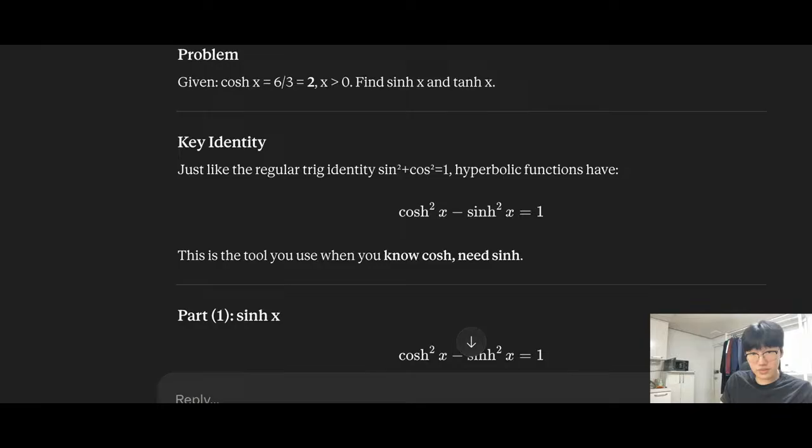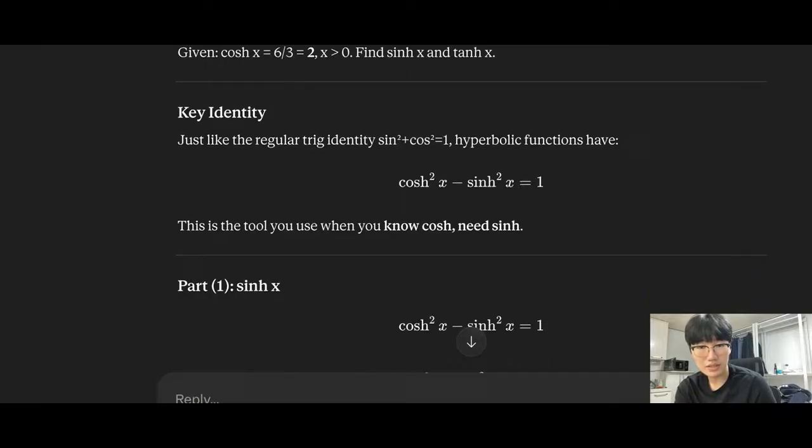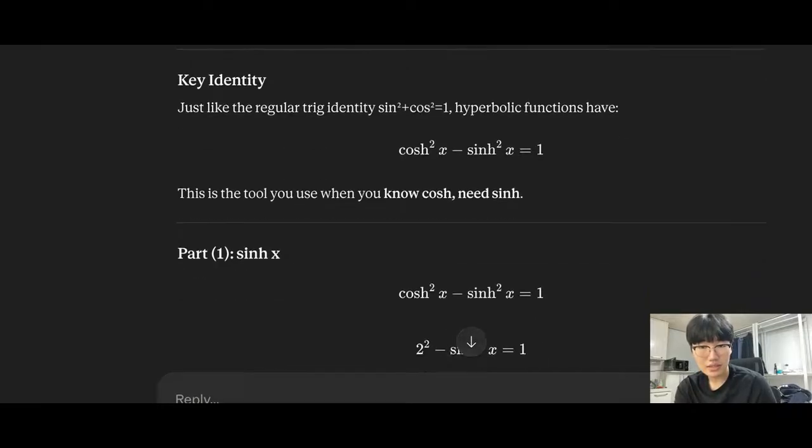And therefore, cosh squared x minus sinh squared x equals 1. This is the tool you use when you know cosine hyperbola and need sine hyperbola.